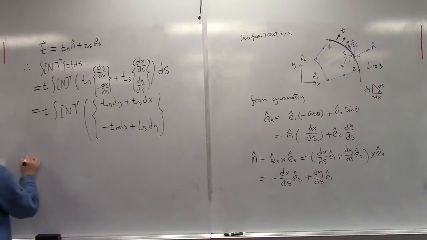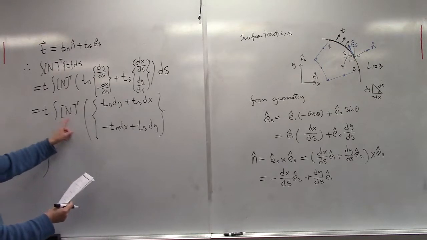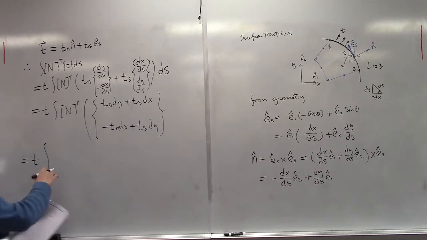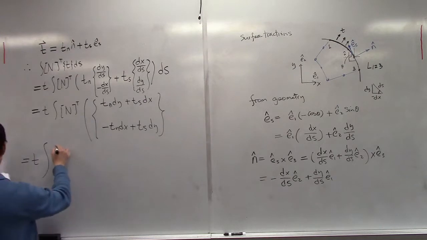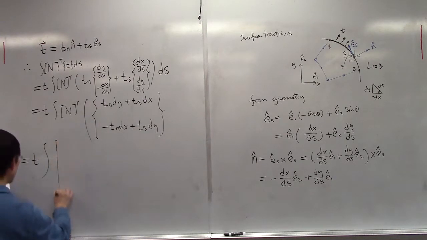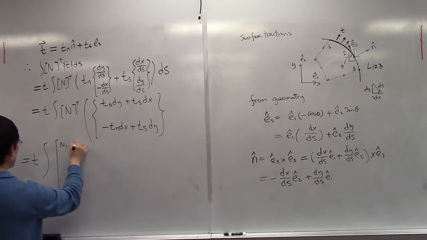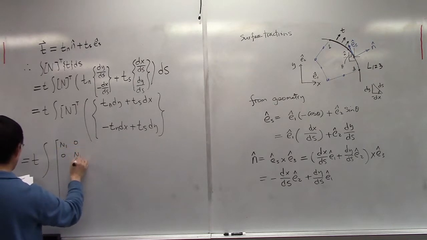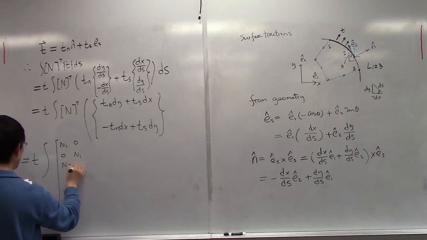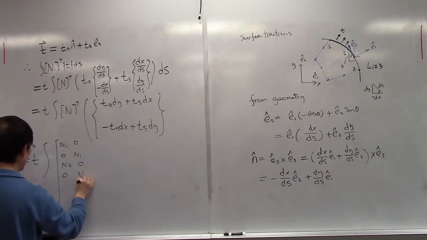If we write it out in full, remember this n matrix, when you transpose it, it is tall and narrow. So it has n1, 0, 0, n1, n2, 0, 0, n2, up to n3.